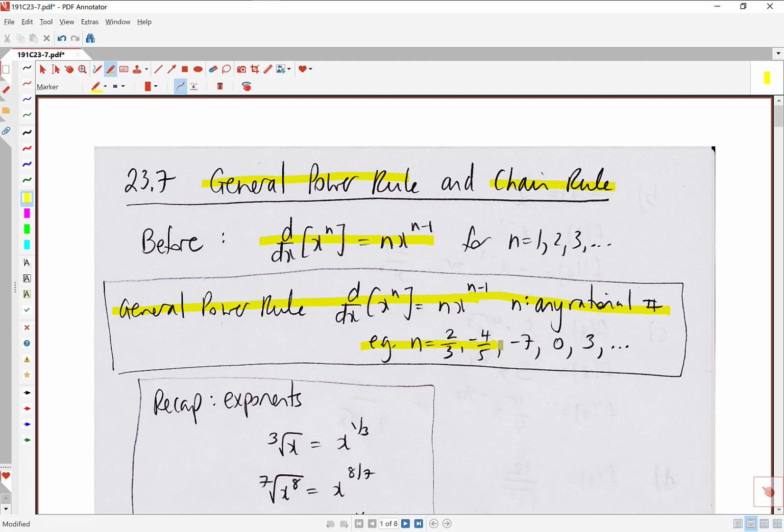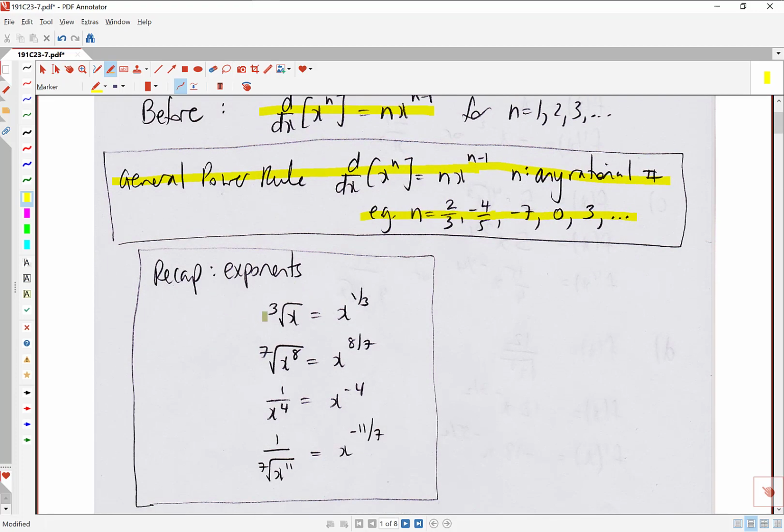It also includes all the negative integers and 0, I should say. So all the fractions and all the integers are now included in this general power rule. So we're going to do some practice with this general power rule. Before we do that, we'll do a quick recap of our exponents.